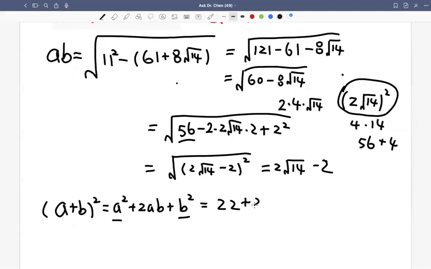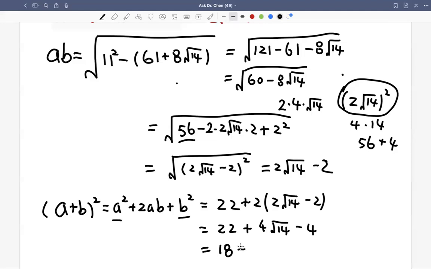Then plus 2 times 2 radical 14 minus 2. So 22 plus 2 times 2, 4 radical 14, then minus 2 times 2, which is 4. 22 minus 4 is 18, then plus 4 radical 14.